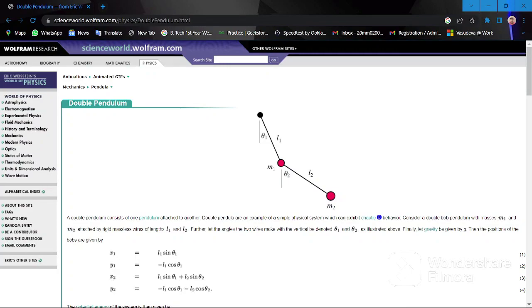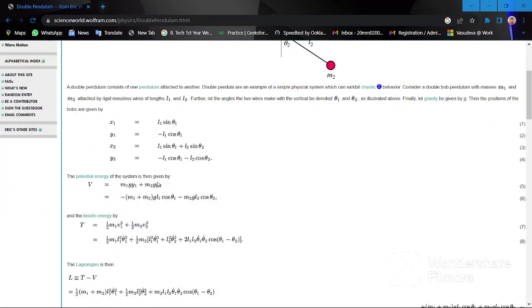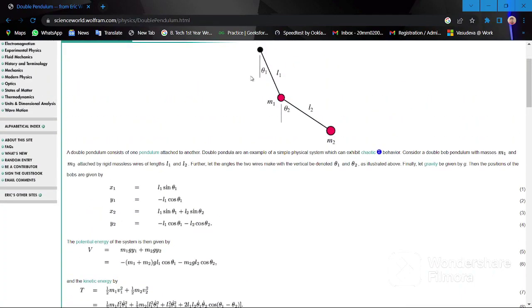And y2 is the opposite: the distance of m2 takes up L2 in the downward component. Both are additive, but in the negative direction, so y2 is minus of L1 cos theta 1 plus L2 cos theta 2.